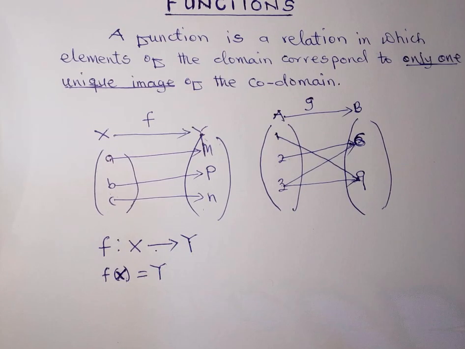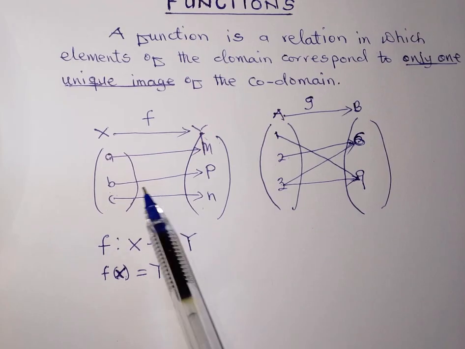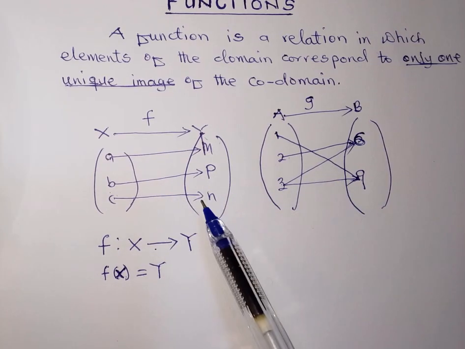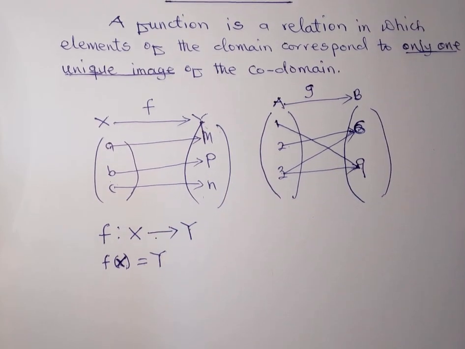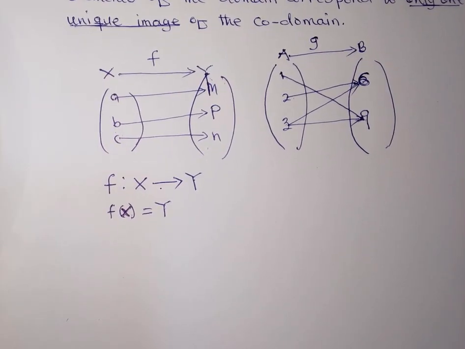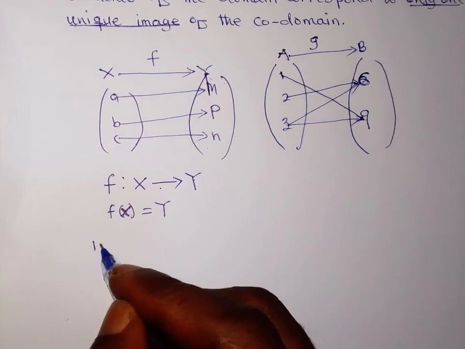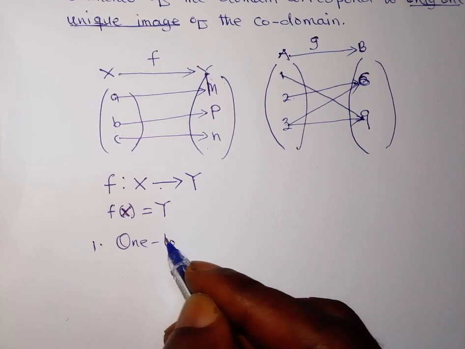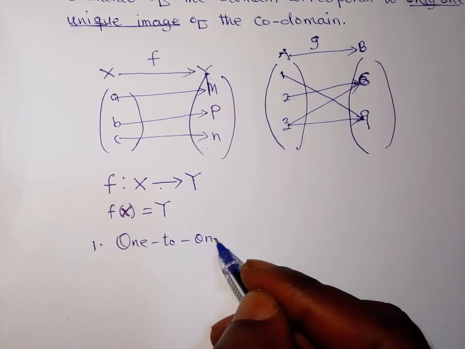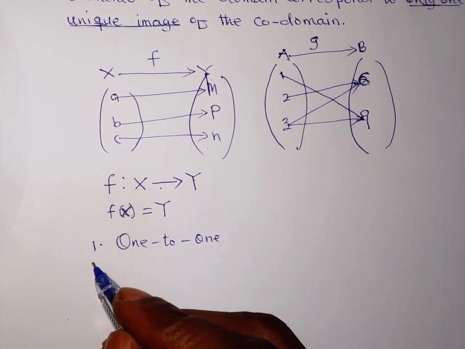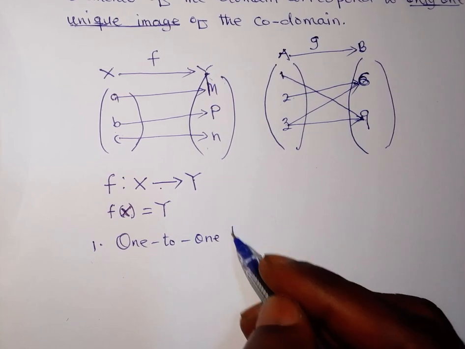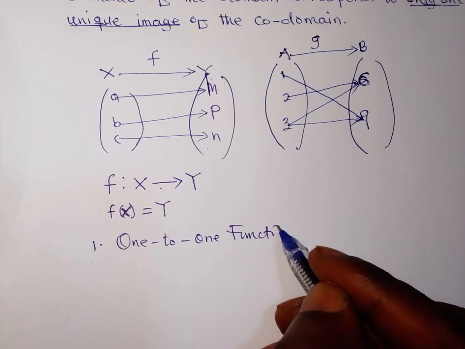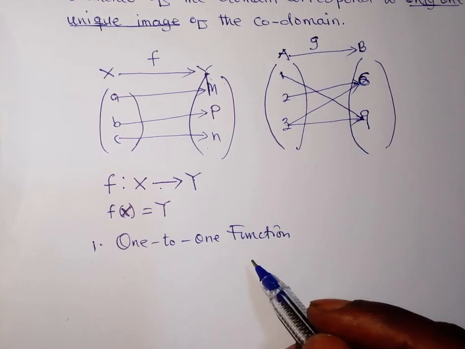Now let's quickly look at the various types of functions. We've already talked about two from these two diagrams. One, we can have a one-to-one function, which is the same as a one-to-one relation.